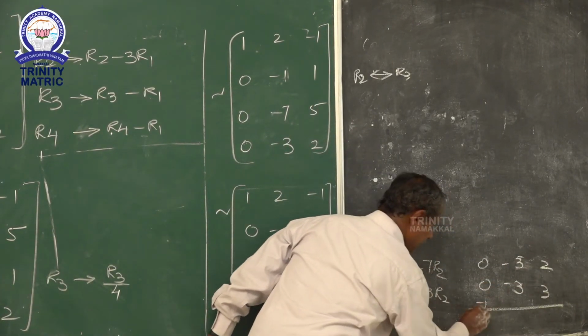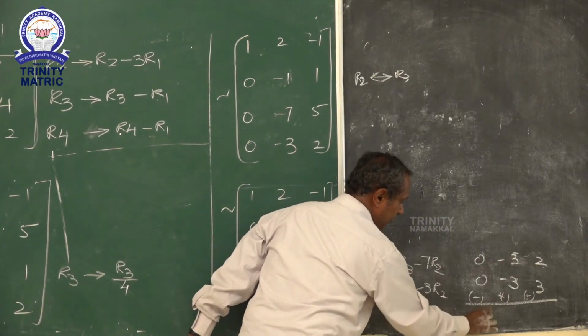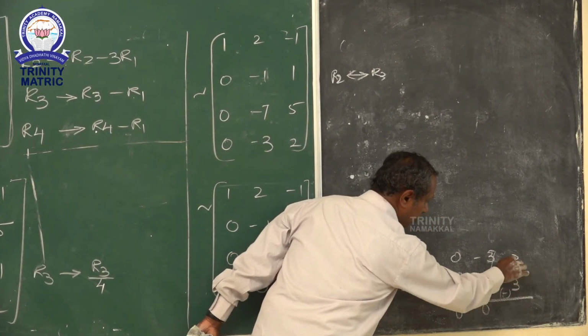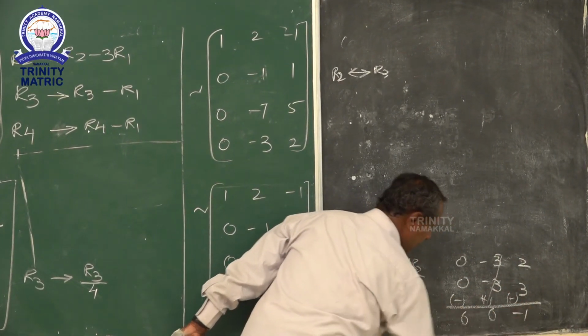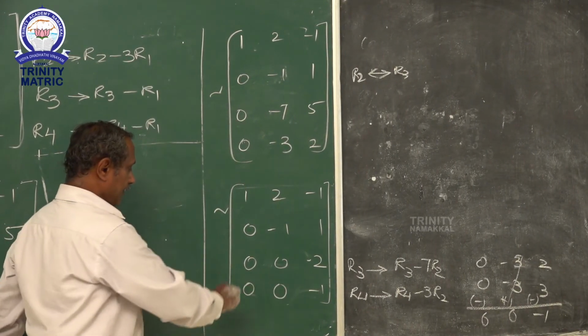Changing the sign and subtracting, plus 3 0, and minus 3 plus 3 we get 0. Then 2 minus 3 is minus 1. That is 0 0 minus 1 that we are having.